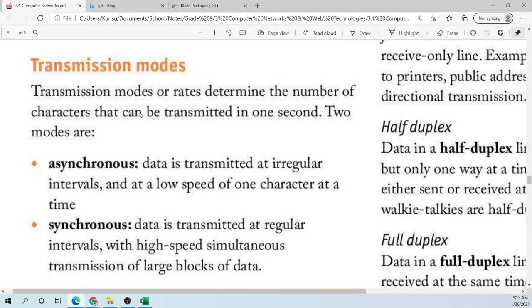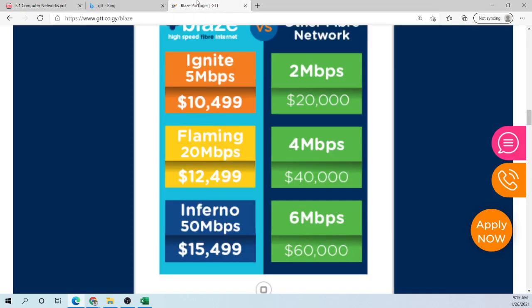So transmission mode is measured in seconds. Every second a certain amount of characters can be sent. So that is why it is also measured in bits, because 1 bit would refer to the character.